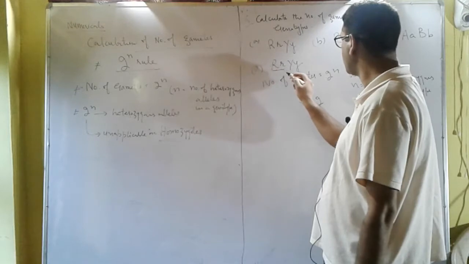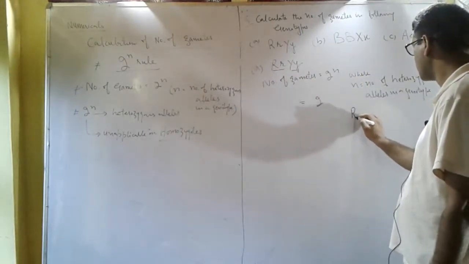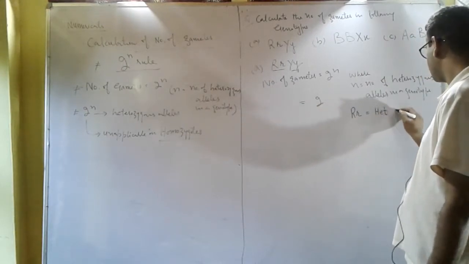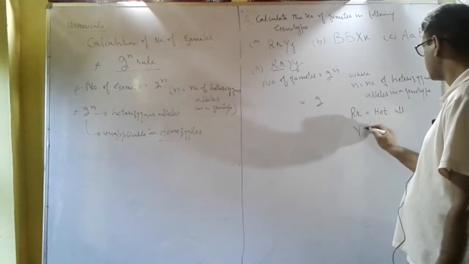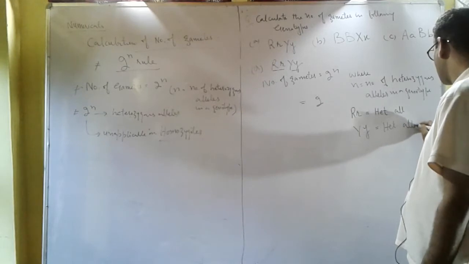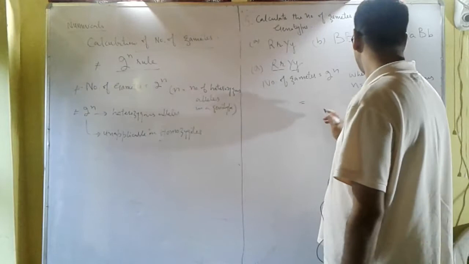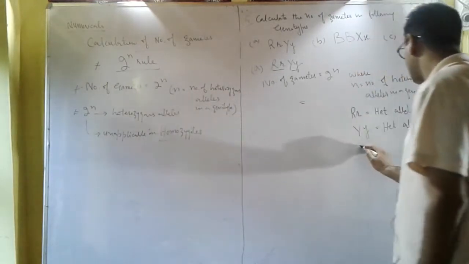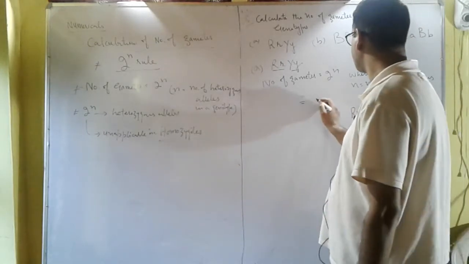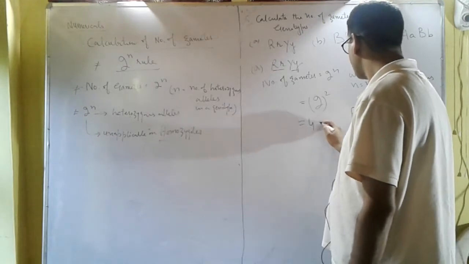We have 1, 2. Capital R, small r is a heterozygous allele, and capital Y, small y is a heterozygous allele. So n is equal to 2. We can calculate it, 2 raised to the power 2. So 4 types of gametes.